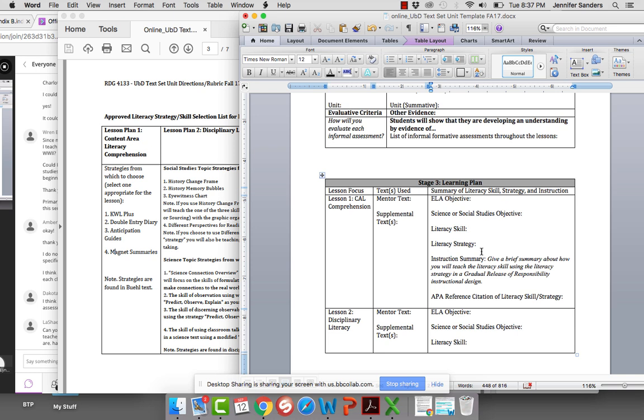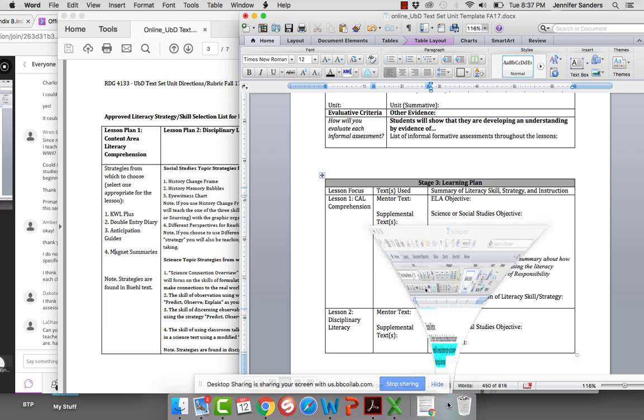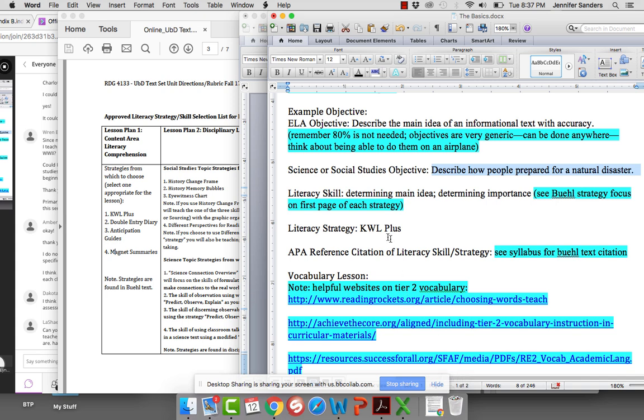You're going to put one of those four right here under literacy strategy. Then you're going to say, okay, what skill is this? Well, if you go to the Buell text, let's say you're doing KWL. Well, a KWL will help you determine the meaning, determine the main idea and determine importance. Well, that's all on the Buell text. So go look in the Buell text to understand what is the literacy skill.